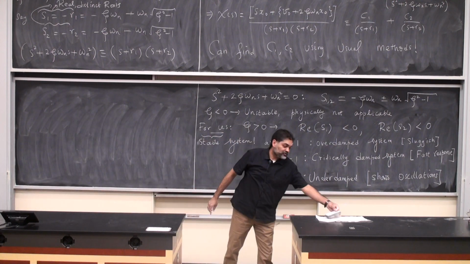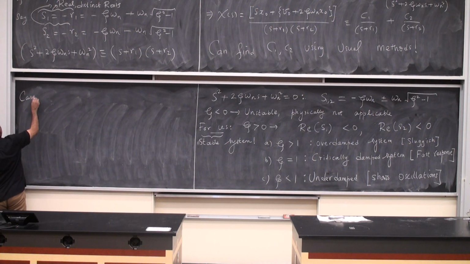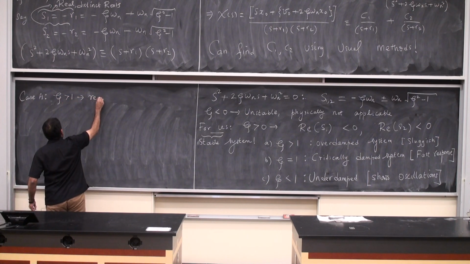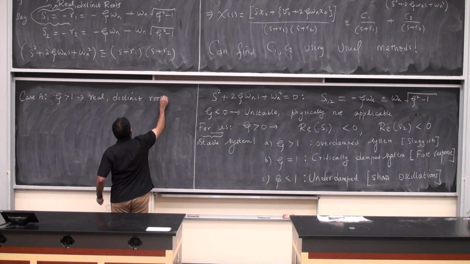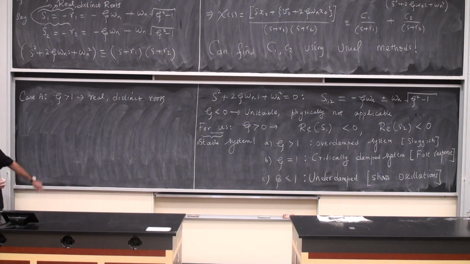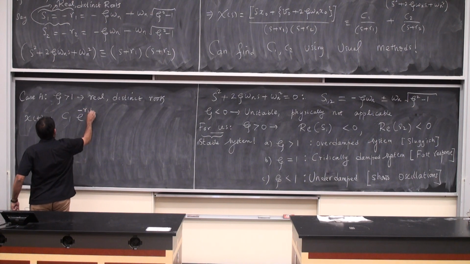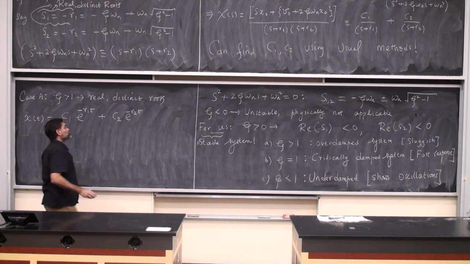So system response for case A is the following. So for case A, theta greater than 1, real, this thing has two roots. I just have to take the Laplace inverse of that C1 by S plus R1, C2 by S plus R2, and so I get the following. X of t is C1 e to the power minus R1t, plus C2 e to the power minus R2t.